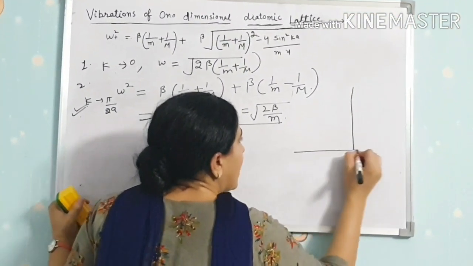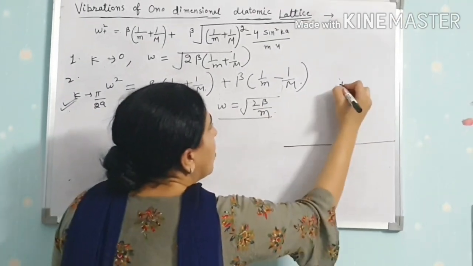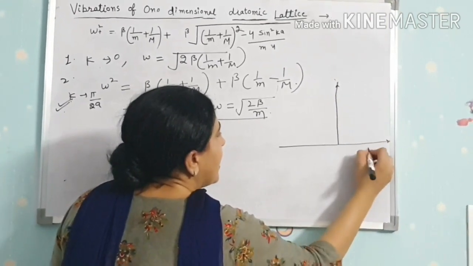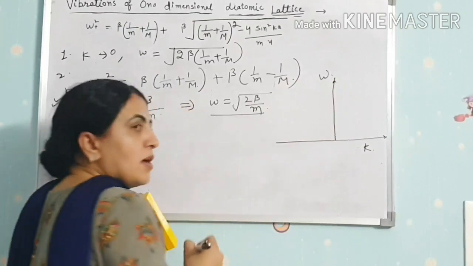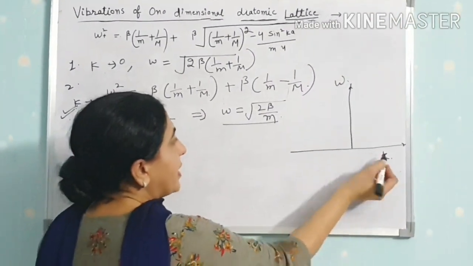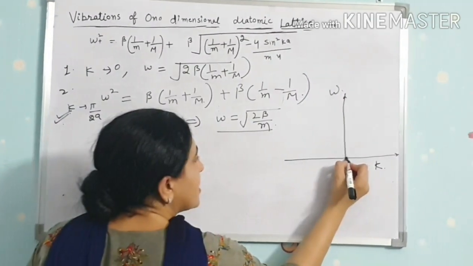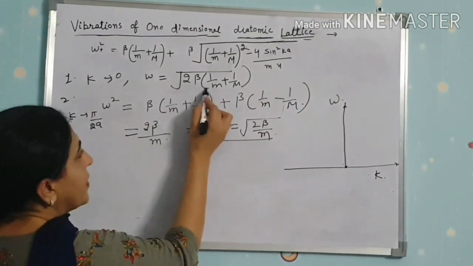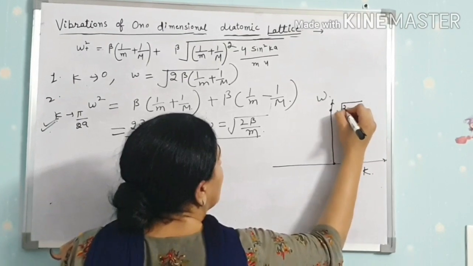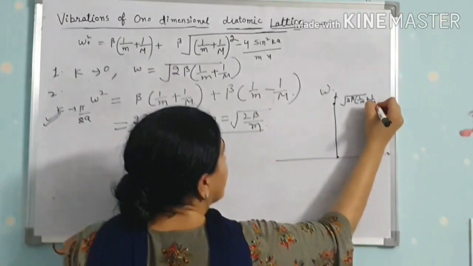Now we plot a graph between omega and k. On this x-axis is k, and on this y-axis is omega. Clear? So we plot a graph between omega and k. When k approaches 0, this is 0. What about omega? The value of omega is this. Take here the square root of 2 beta times (1 over m plus 1 over capital M).